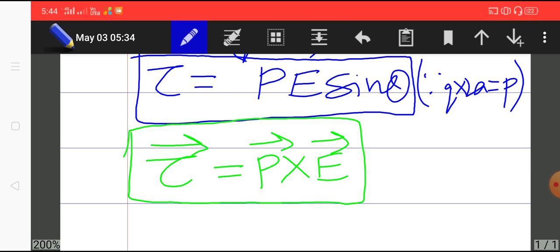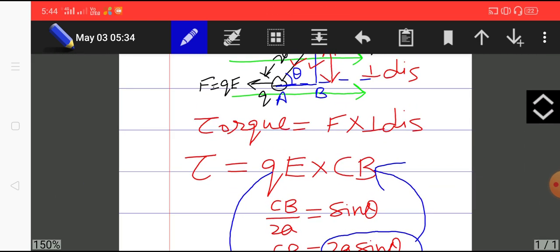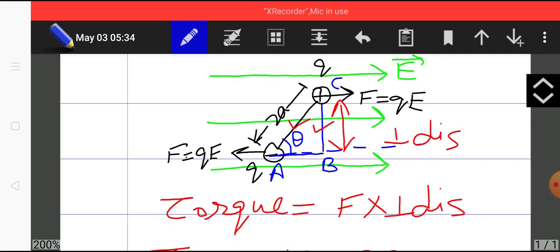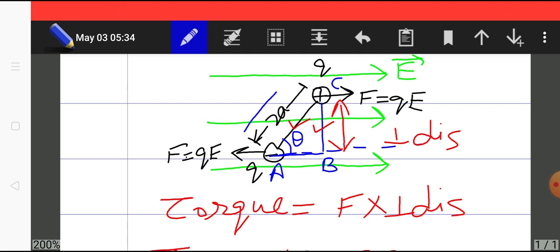And what is the direction of torque? That is also one more important thing. As you can see in this diagram, the direction of p is from A to B, because it is always from negative to positive. So this is the direction of p.